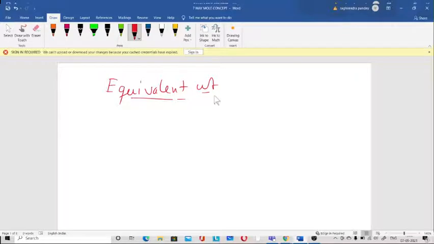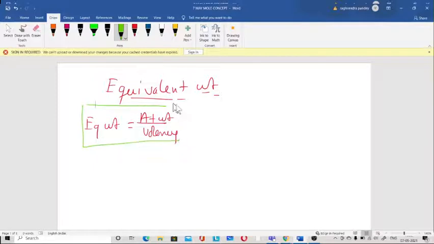I told you yesterday that equivalent weight is the atomic weight divided by the valency of a particular element. Okay, so this is the first basic thing that you have to understand.